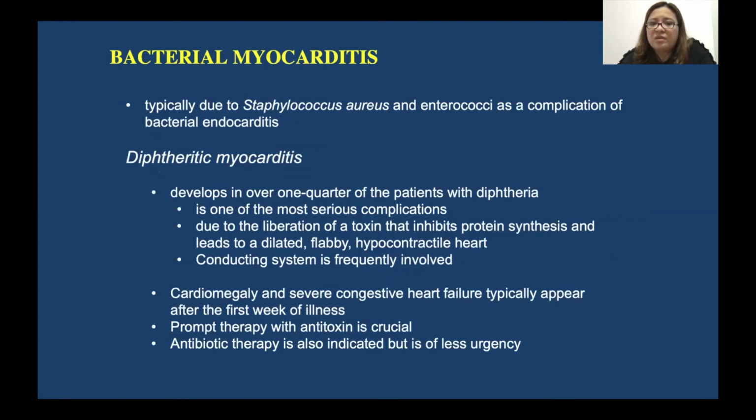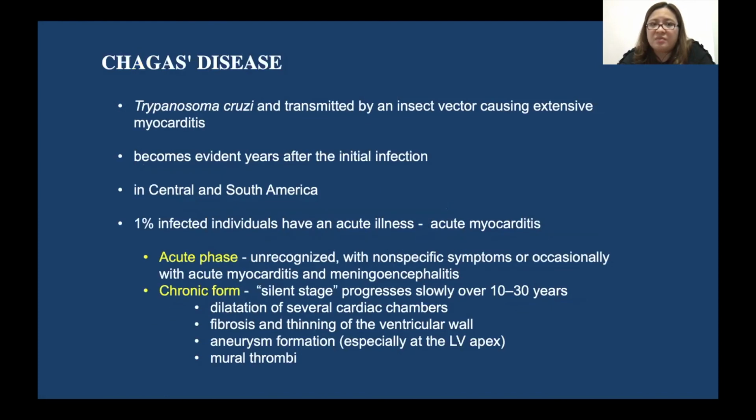This is due to the liberation of a toxin that inhibits protein synthesis and leads to a dilated, flabby, hypocontractile heart. The conducting system is frequently involved. So we can see cardiomegaly and severe congestive heart failure, which typically appears after the first week of illness. Prompt therapy with antitoxin is crucial. Antibiotic therapy for diphtheria is indicated but is of less urgency.